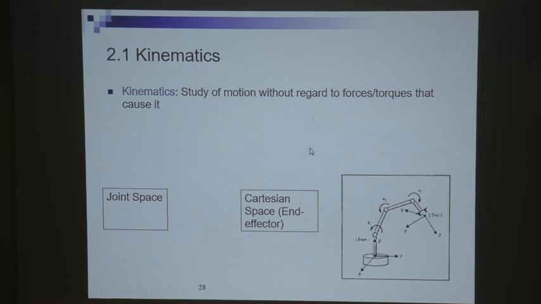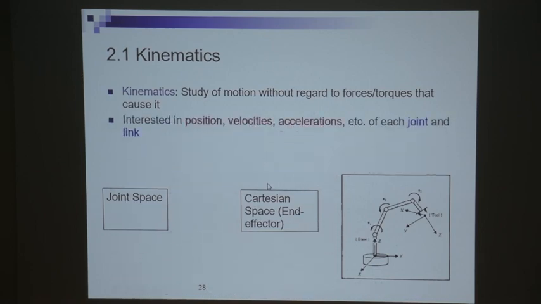When we talk about kinematics, we do not consider the force or the torque that is causing it, but we're looking at all these joints and links and coordinate systems, the position and orientations. We are interested in the position, velocity, acceleration of each joint as well as each link. So this is the joint. Theta 3, theta 2, theta 1 refer to the rotation angle of the joint. And the link is between the joints.